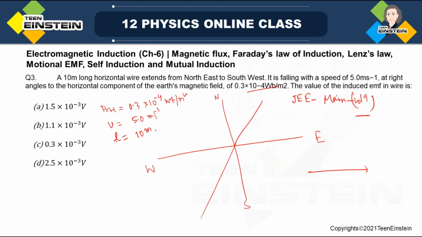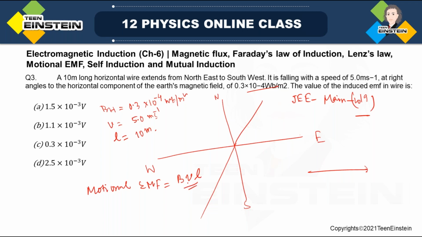Since the wire falls perpendicular to the horizontal component of the Earth's magnetic field, the induced EMF can be found from the formula for motional EMF. What is the motional EMF? Motional EMF is B, V, L.